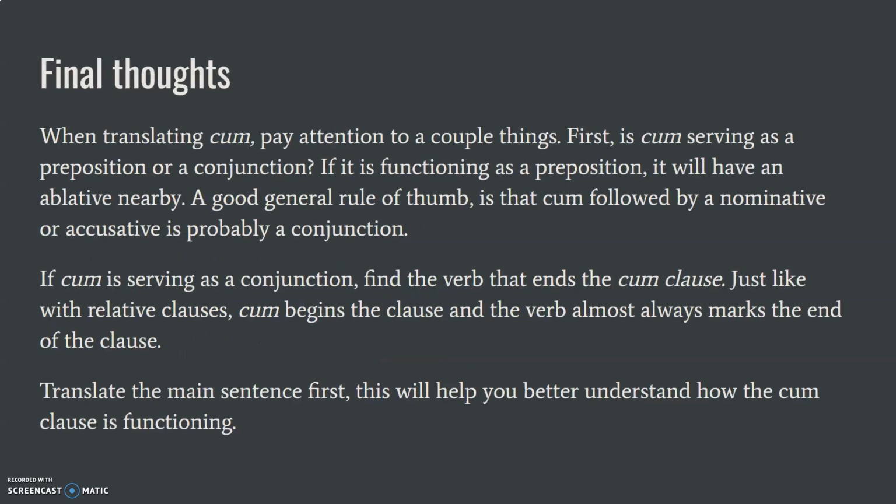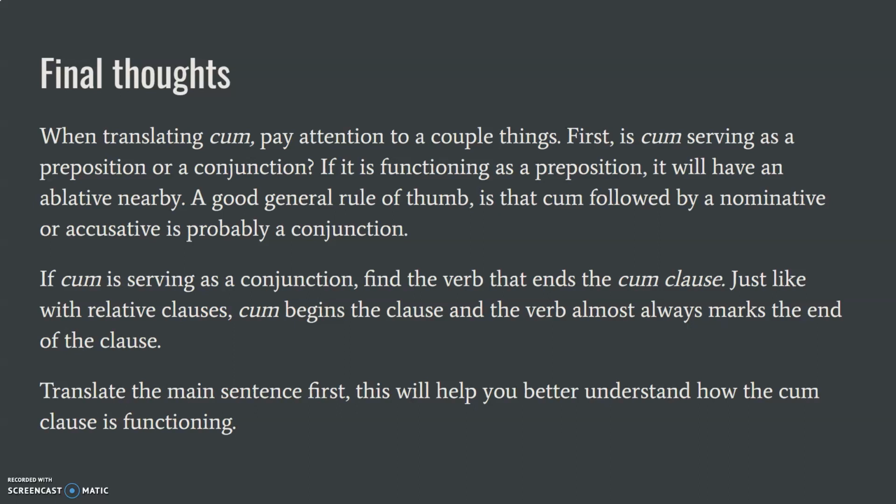So, anytime you see this word cum, you've got to pay attention. Once again, is cum serving as a preposition or a conjunction? Check. If it's functioning as a preposition, it will have an ablative nearby. There will not be adverbs or conjunctions splitting it apart from its noun. A good general rule of thumb is that cum followed by a nominative or an accusative is probably a conjunction.